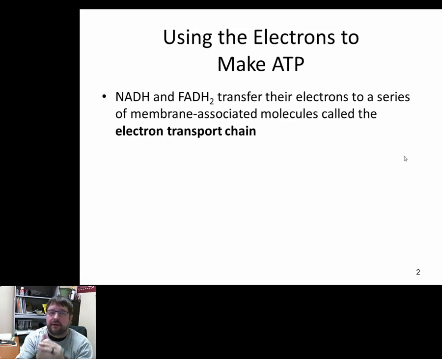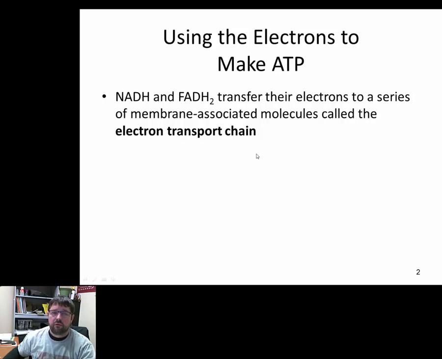Again, remember when we were talking about glycolysis and the Krebs cycle and dehydrogenase, we said that there are electron molecules or electron carriers that were produced during those processes. The 2 that are produced are NADH and FADH2.